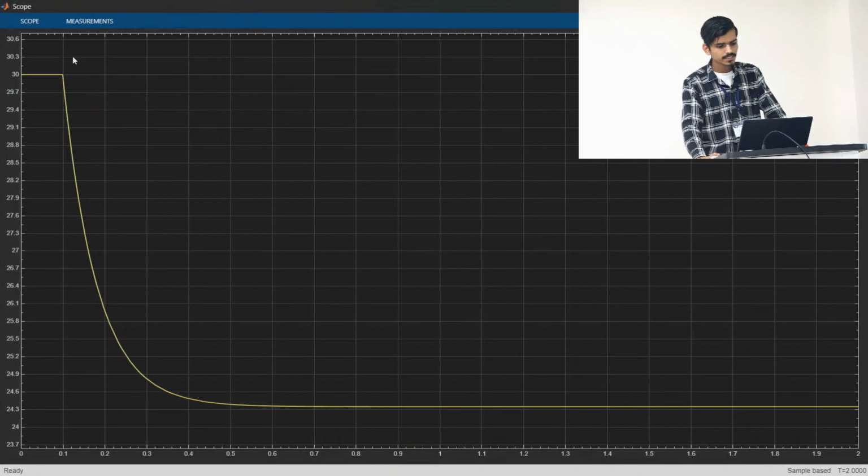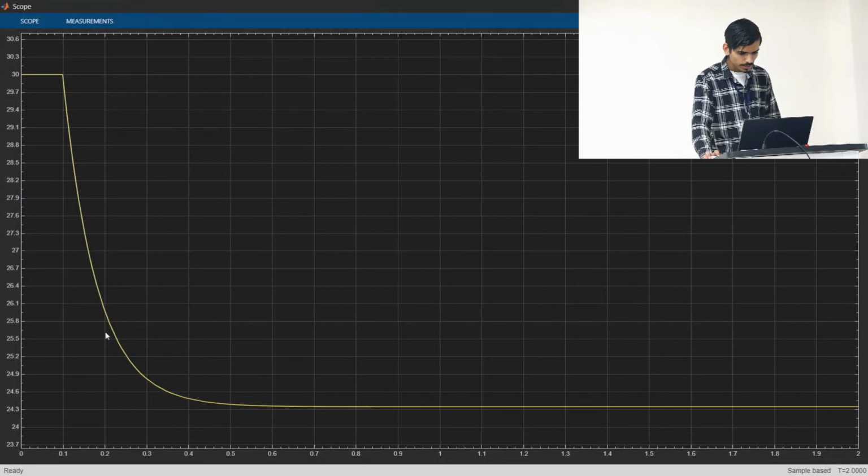So now you can see that the result is a little bit similar to the previous one, but previously our power was settling towards this value, and now it has shifted somewhat higher than that. This is due to counting the concentration losses.